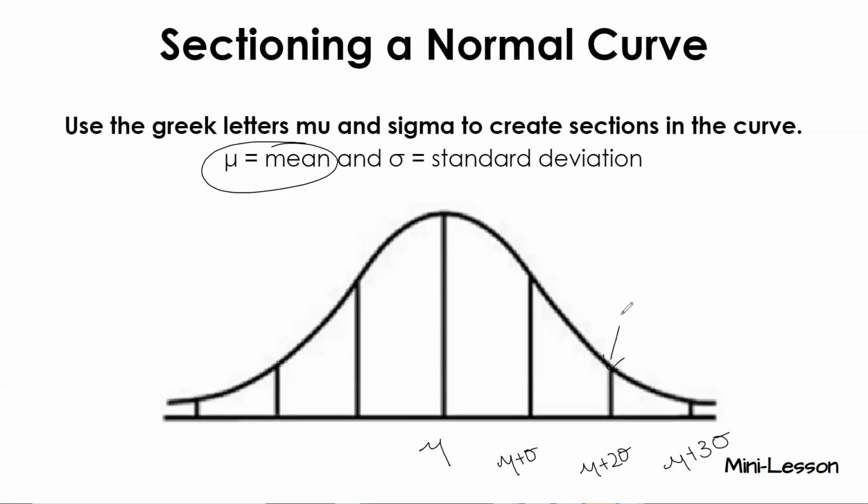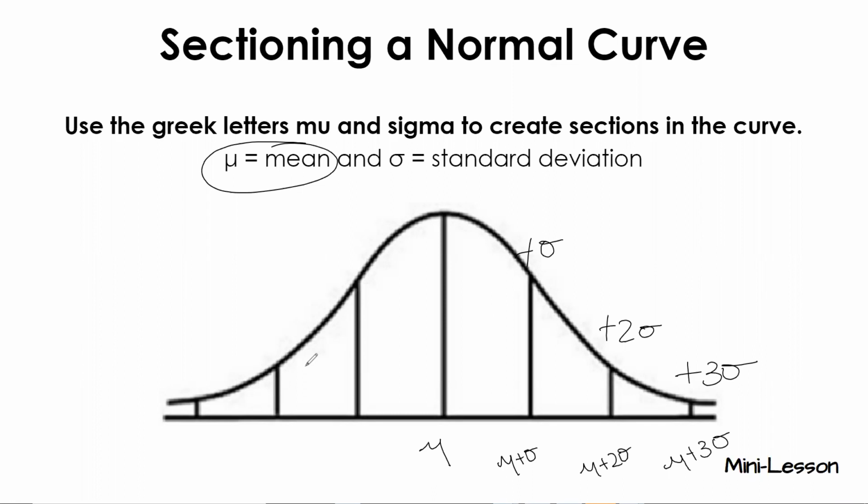So you could have written this like mu plus sigma plus sigma. Is that what you're saying? You're saying you could do this. Does that make sense? Yes.